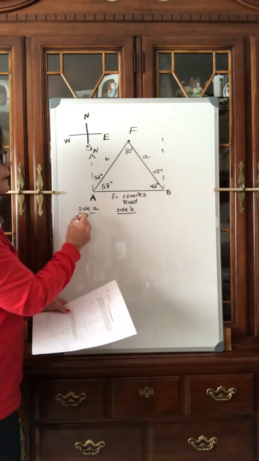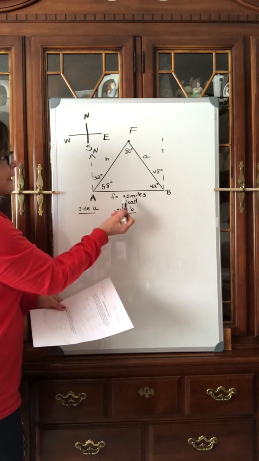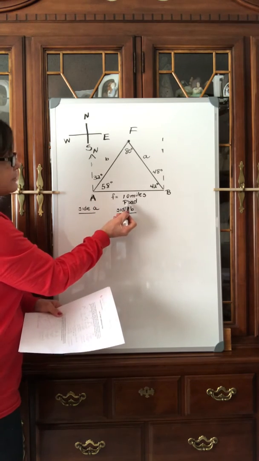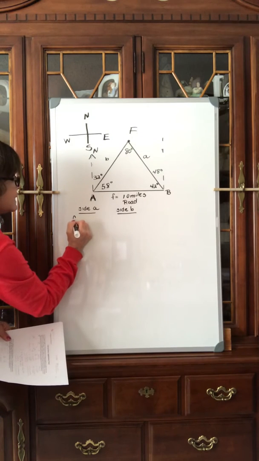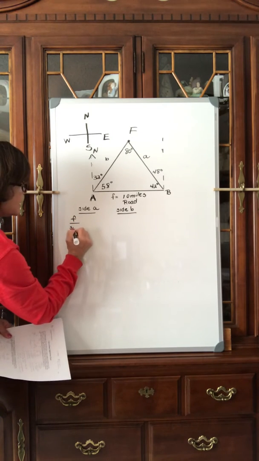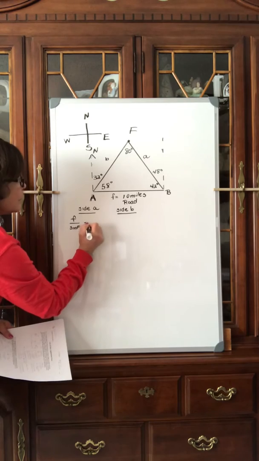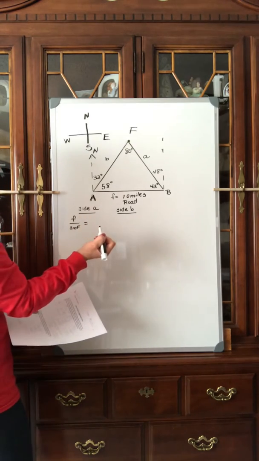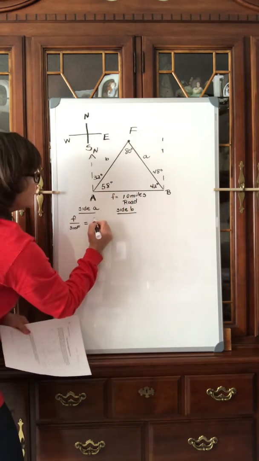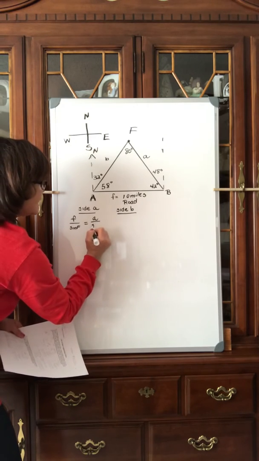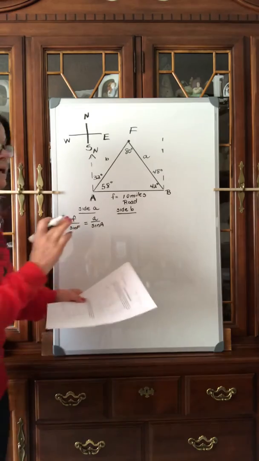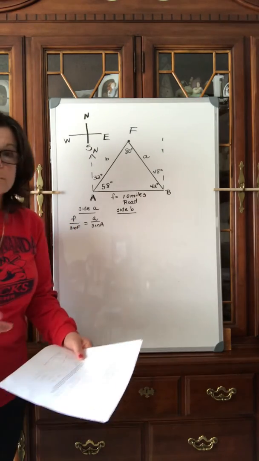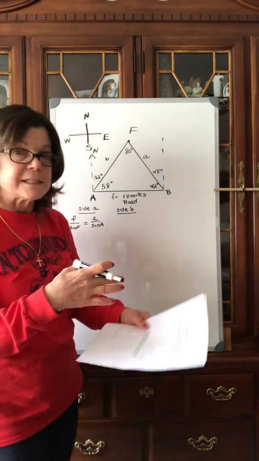To find side a, you've got to use the law of sines. We're going to have to use f because that's the given information that we have. So when I set up my law of sines, it's going to be side f over the sine of angle F. We know we're looking for side a over the sine of angle A. Cross multiply for side a, plug in the values to the law of sines, and then find that distance.